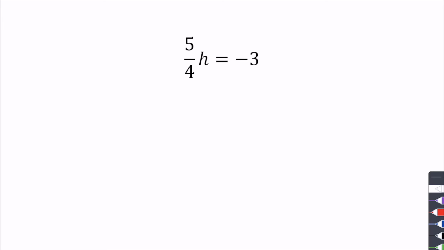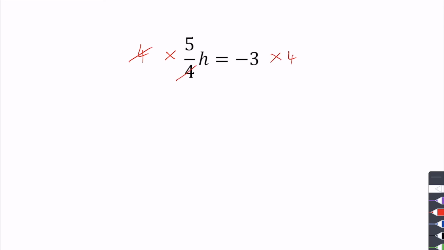Take a look at this one. 5 over 4h is equal to minus 3. So the first thing I notice is that h is next to 5 quarters. When you have a fraction next to your variable or your letter, you always remove the denominator first. To remove the denominator, so I'm dividing by 4, I would do the opposite, so I'm multiplying by 4. And I multiply by 4 on the right hand side.